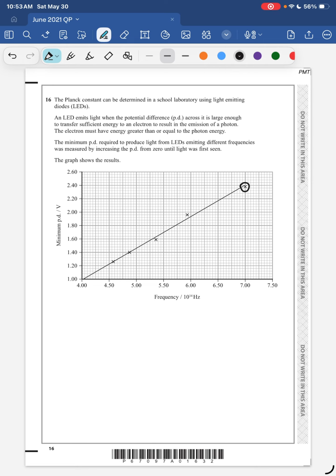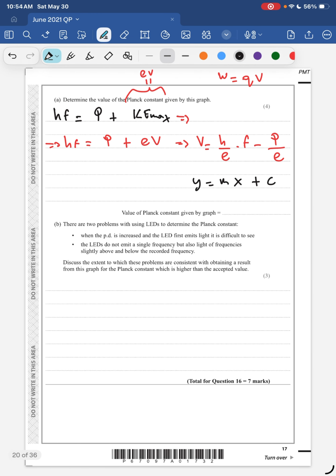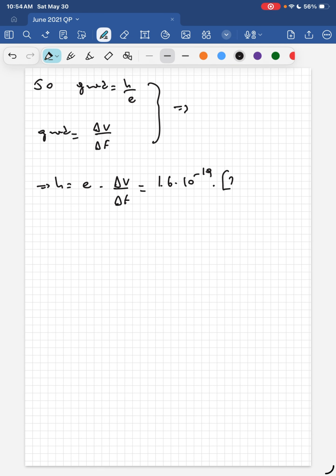I chose this point here, and this point, actually. And pay attention to where these graphs start, because that's not the zero of either the voltage or the frequency. So we have 2.4 minus 1 volts in the numerator, and this 2.4 volts corresponds to 6.95 times 10 to the 14 hertz, and then 1 corresponds to 4 times 10 to the 14.